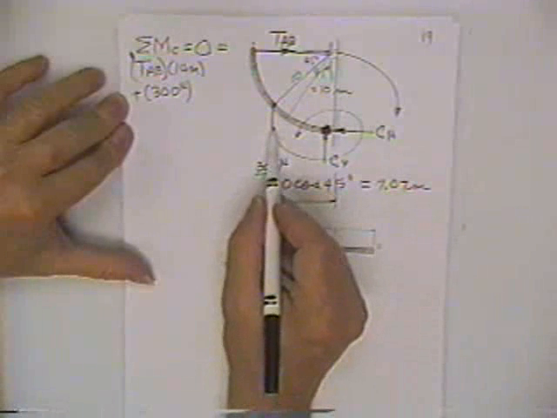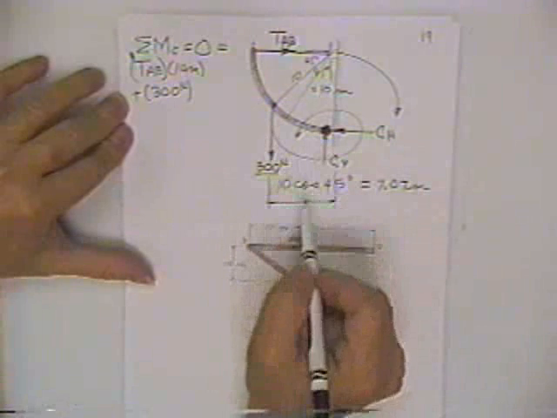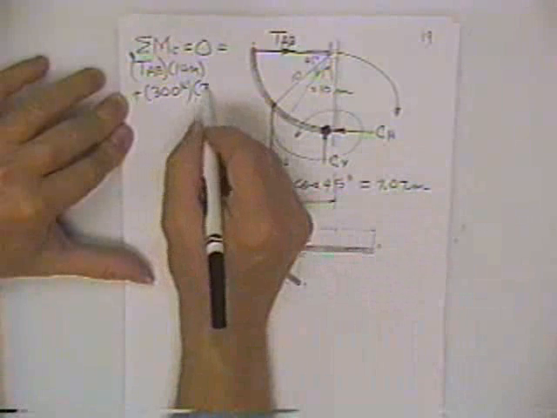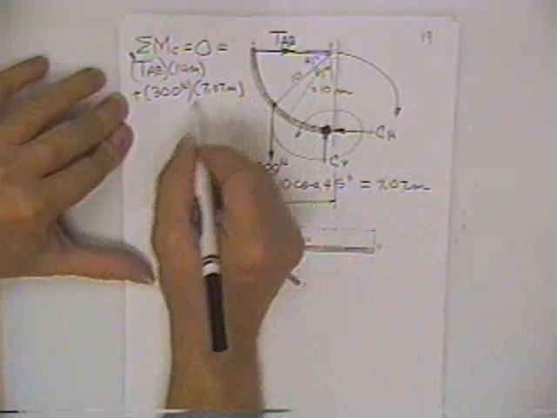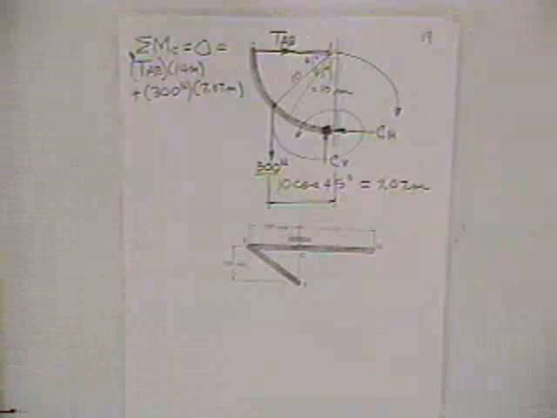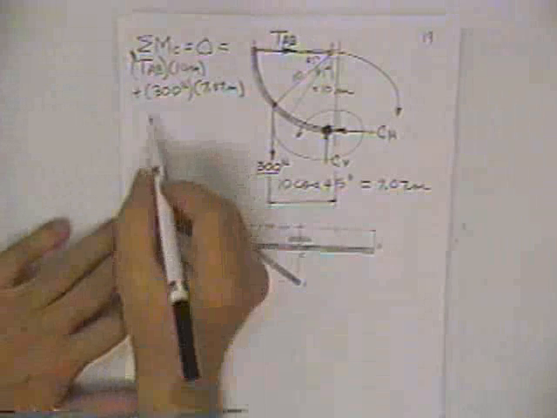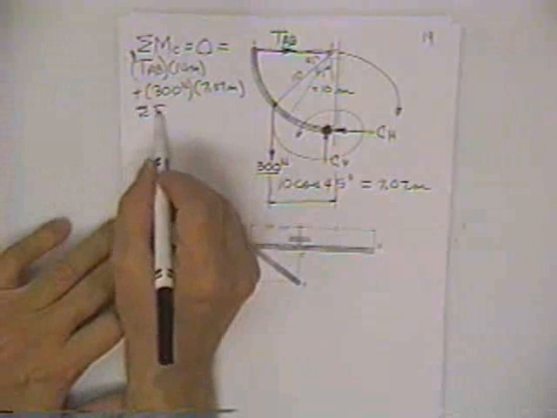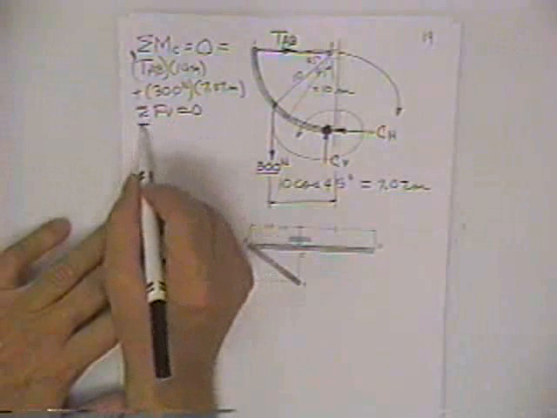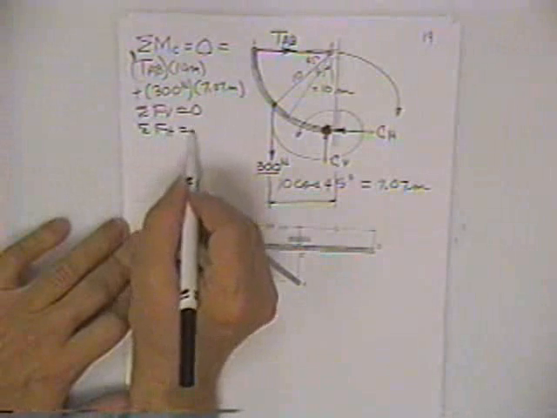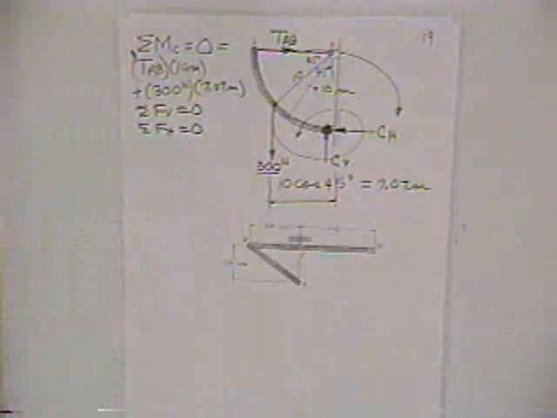As close as he ever gets to point C is 7.07 meters, and I solve for tension force in a rope. You could then sum forces vertical and sum forces horizontal and get C horizontal and C vertical.